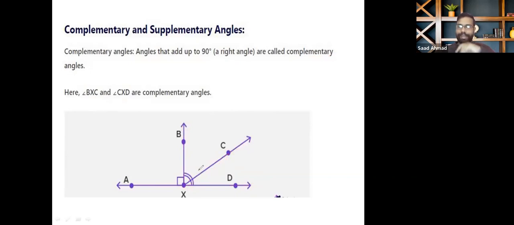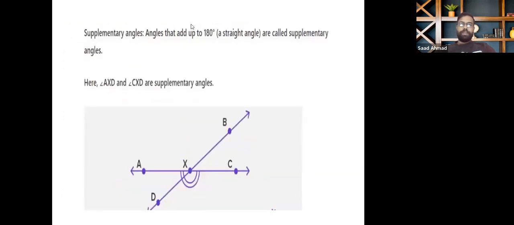Supplementary angles are the ones that sum up to 180 degrees. Like AXD and CXD: these two sum up to 180, so they are supplementary angles.